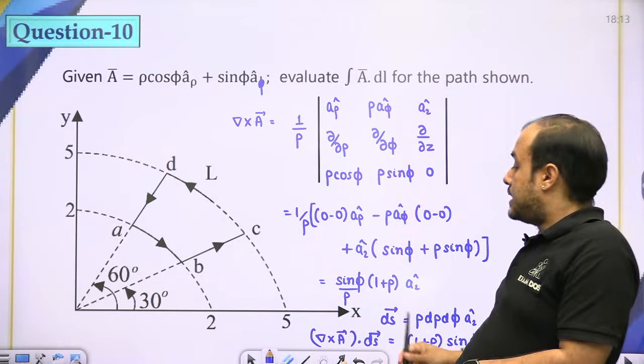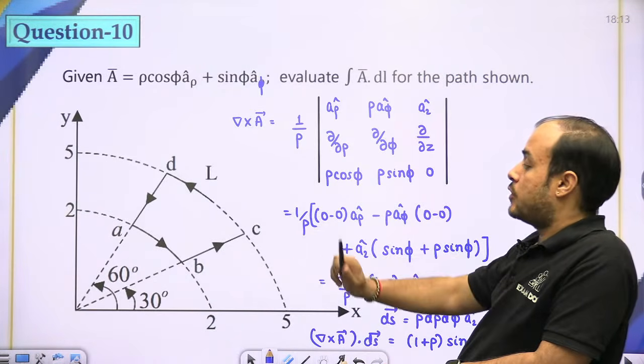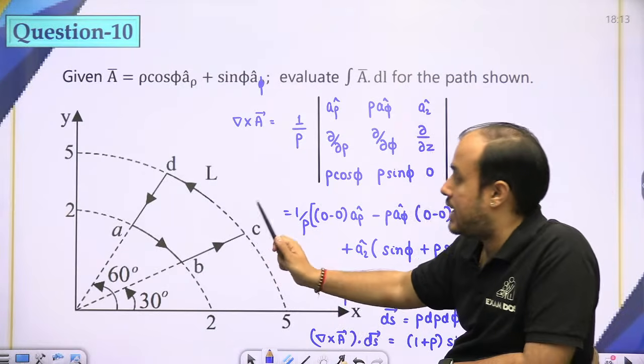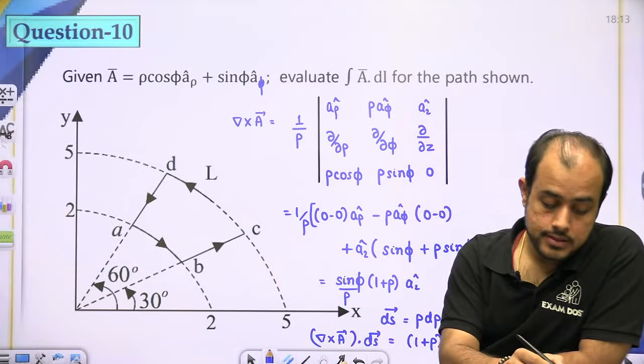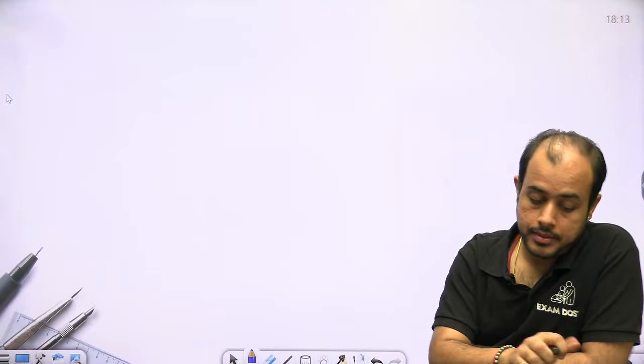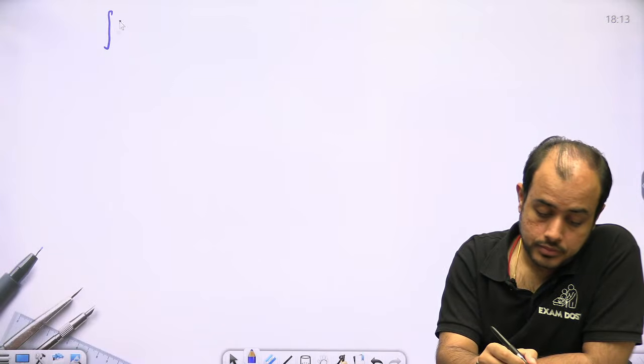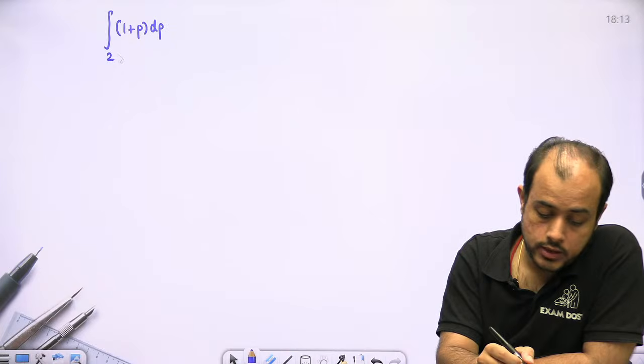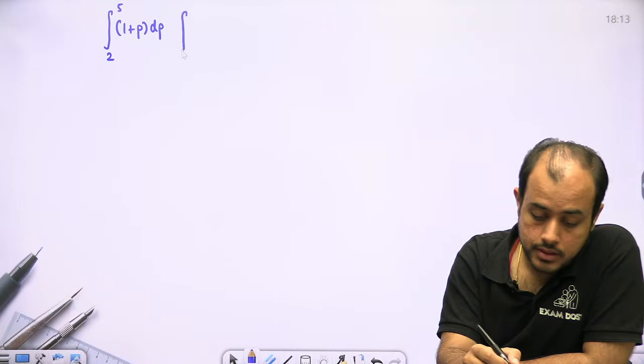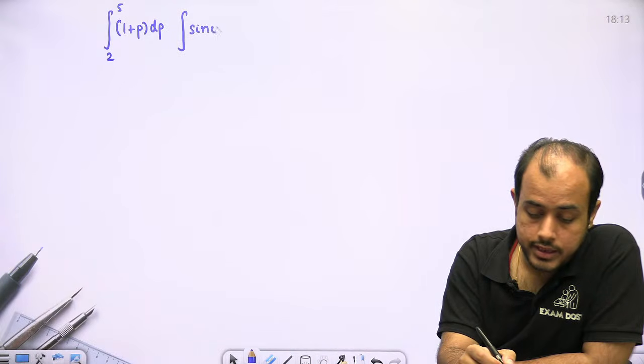Now clearly, beta, I can see phi varies from 30 to 60, rho varies from 2 to 5. Yeah, rho varies from 2 to 5. Phi varies from 30 to 60.